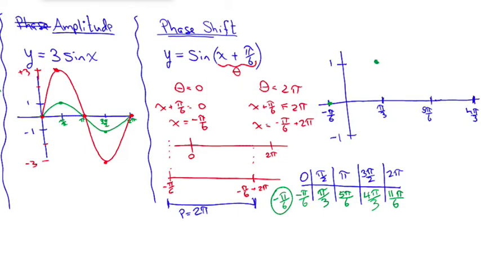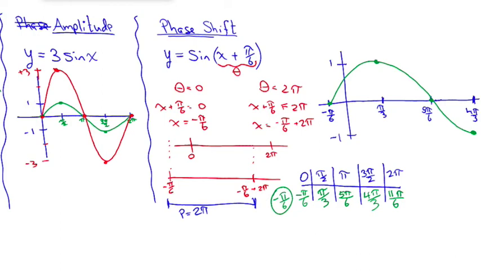At 5 pi over 6, you go back to 0. At 4 pi over 3, you're down to negative 1. And at 11 pi over 6, it goes back to 0. So your curve is out of phase, shifted to the left just pi over 6. It looks just like a sine curve, just moved to the left.